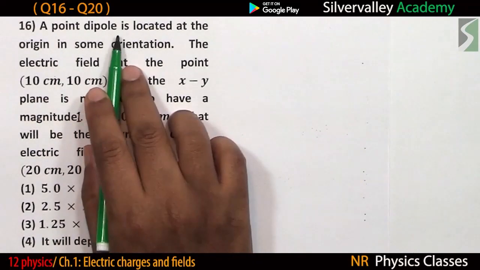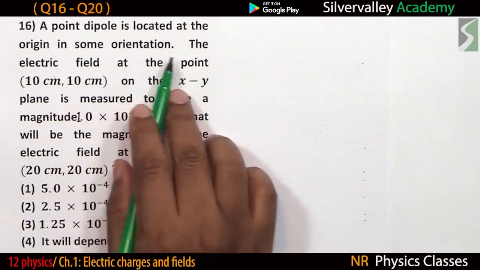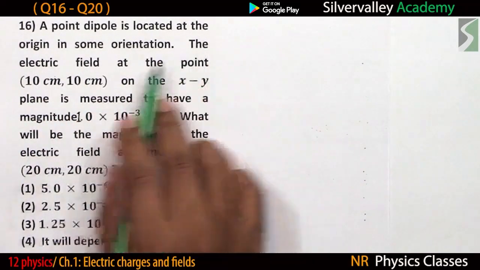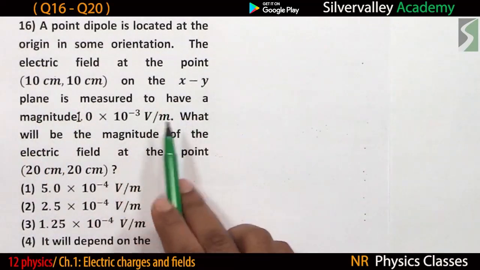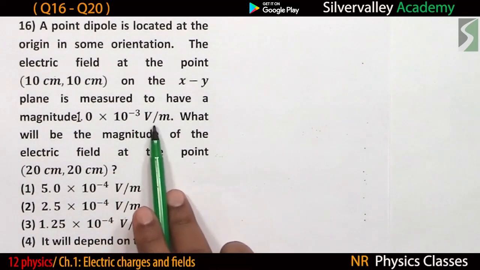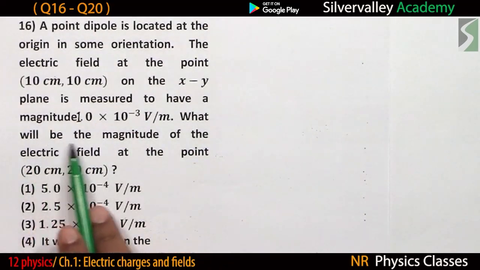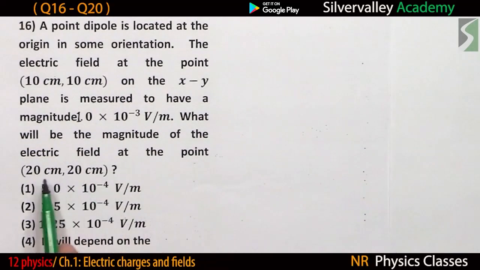A point dipole is located at the origin in some orientation. The electric field at the point 10, 10 on the xy plane is measured to have magnitude 10 power minus 3 volt per meter. What will be the magnitude of the electric field at the point 20, 20?